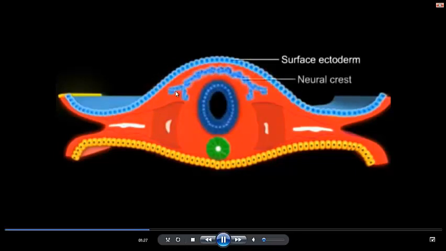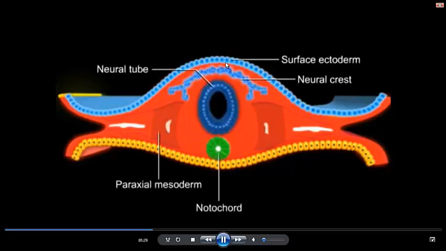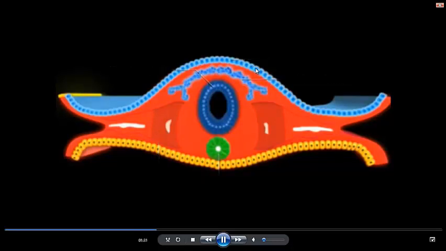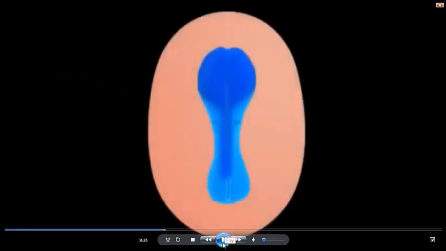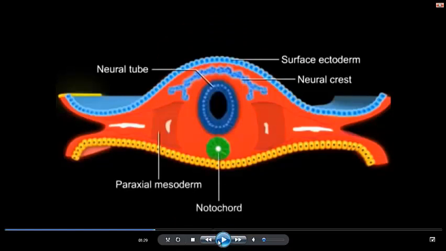Notice how this population of cells detached from the side of the neural plate, and those were the neural crest cells. Okay, so let's just go back for a second. Sorry, my bad. Once they fused, this population of cells detached, and they formed the neural crest cells. So these are the cells that are going to start migrating and moving all over the place.